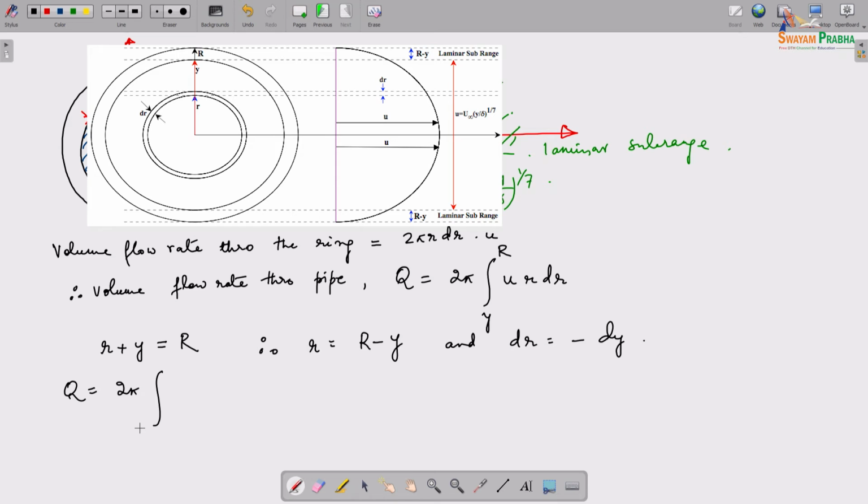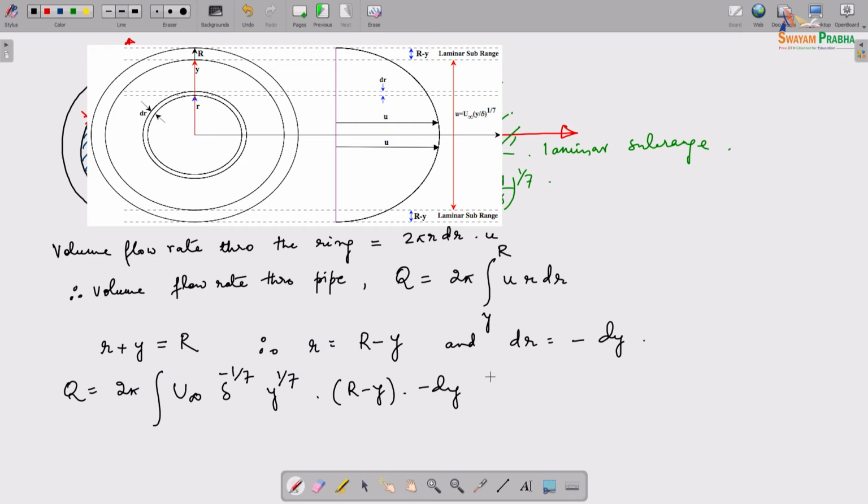Then u is essentially u infinity, and now this delta is equal to R. So u infinity delta to the power minus 1/7 y to the power 1/7. So this is your u. Then you have r, which is R minus y, and dr, which is minus dy.